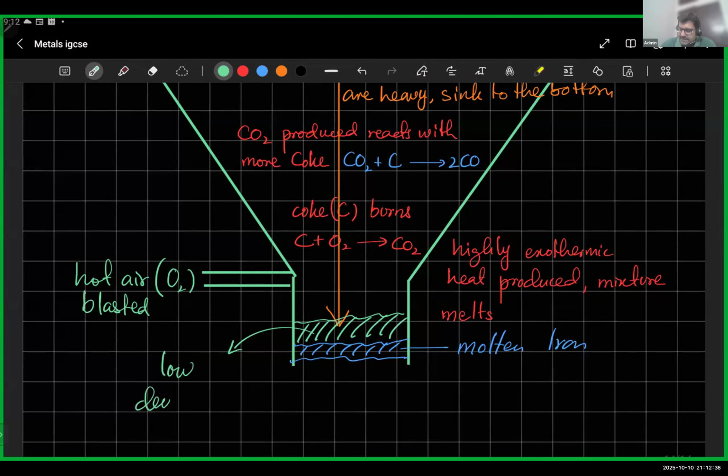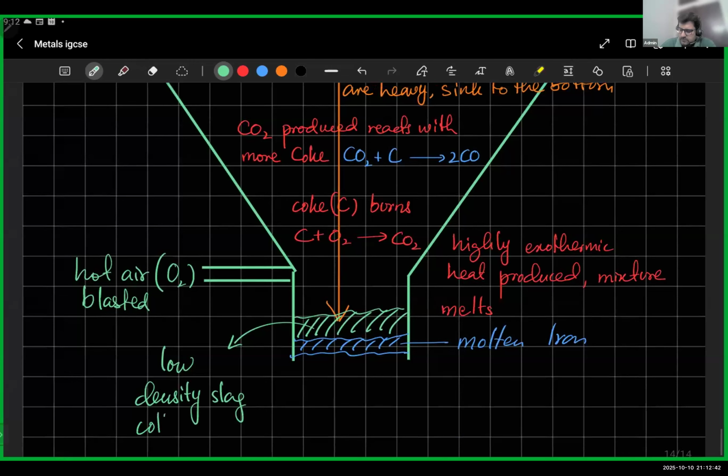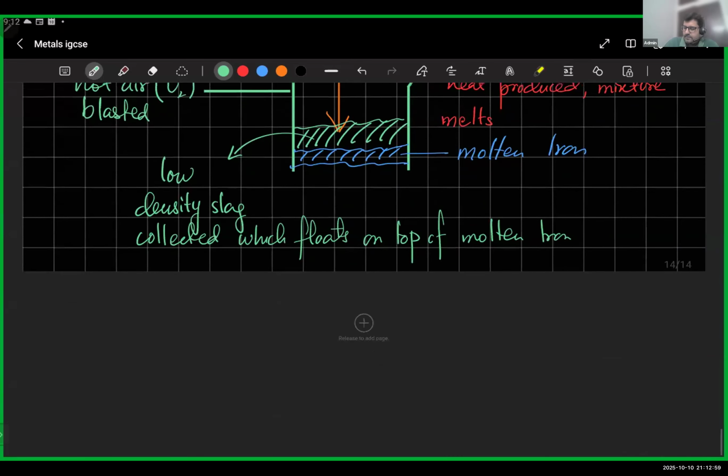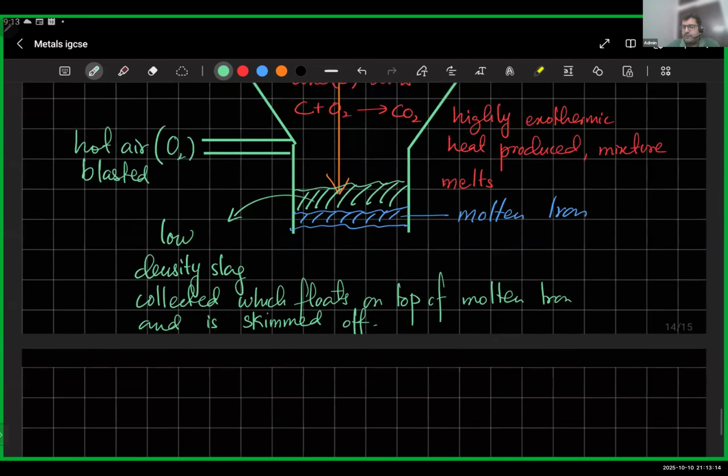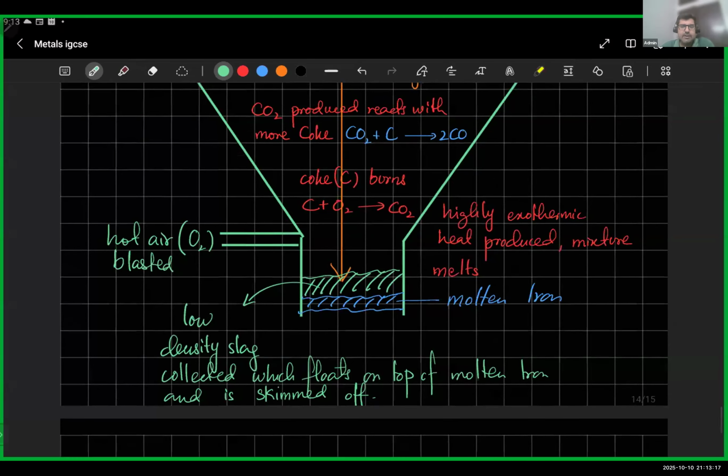So low density slag is collected, which floats on top of molten iron, and is skimmed off. Skimmed off means removed from the top. The molten iron has a low density slag floating on top, and it's just simply skimmed off.